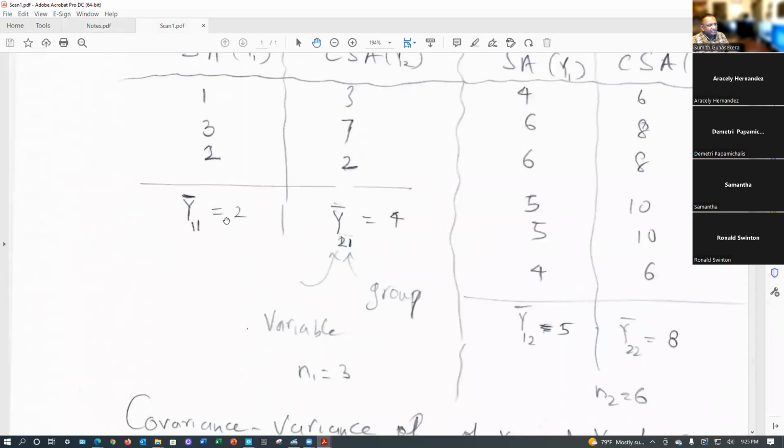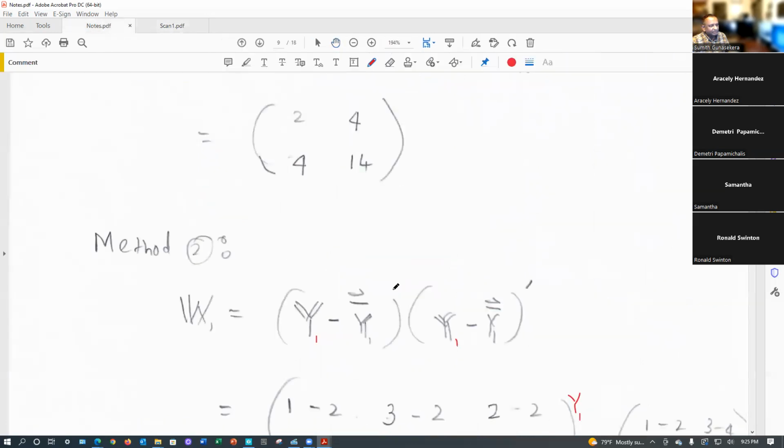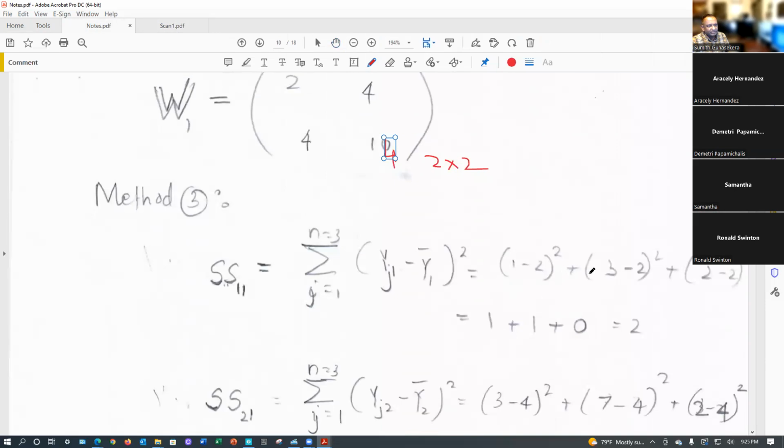So you're going to simply build up the part related to this guy, only the sum of squared part, not divided by the degrees of freedom. So you're going to simply mark this one: 1 minus 2 squared plus 3 minus 2 squared plus 2 minus 2 squared. That's what we were trying to do over here. I got the variance, not the variance, just this part.